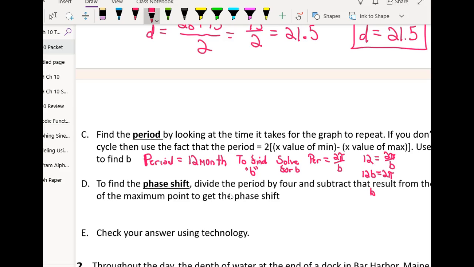Divide by 12, and I get B is 2 pi over 12, or pi over 6. So that's our value of B. We know we got our A, we got D, and we got B.